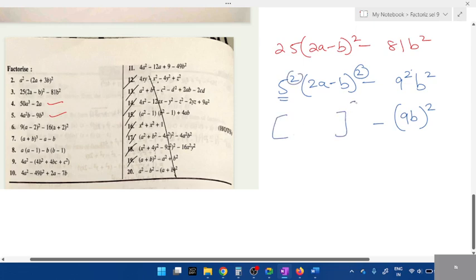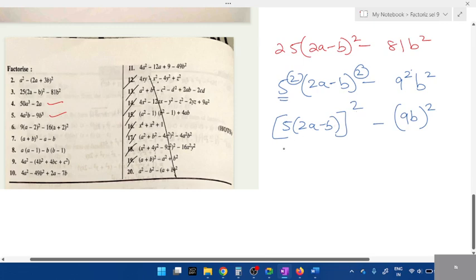So take out like this. See a square 5 into 2a minus b. Is this clear? Together? Did you understand this, students? Take 5 in bracket 2a minus b whole square.